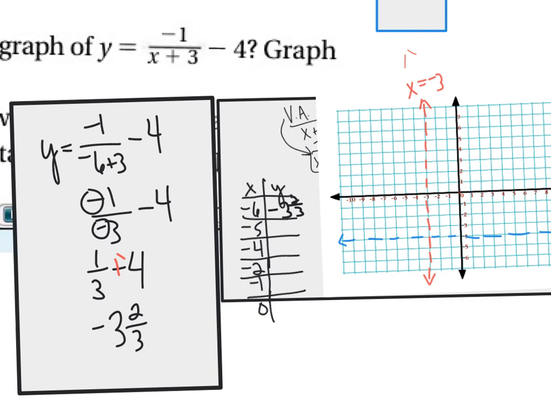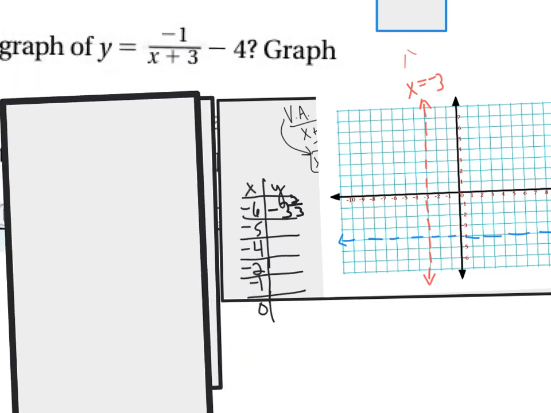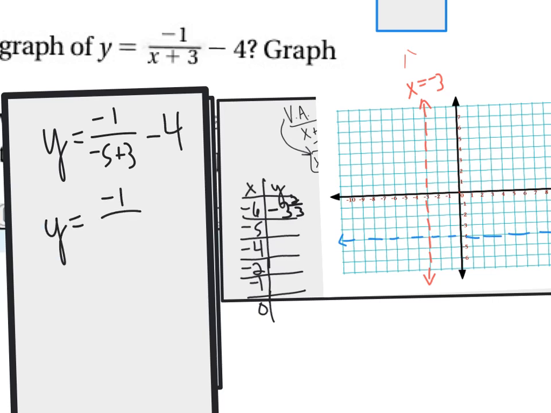So next would be if we put in a -5. I'm just going to keep going over the top of this thing. So that would give us a -2 in the denominator. So that negative divided by negative, that's the same as a positive 1/2. And then if we have a half minus 4, then that would be -3.5.